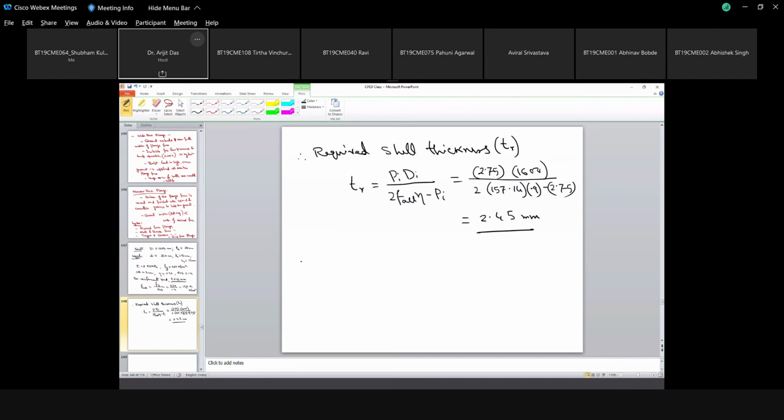Now what is D? D is the inner diameter of the nozzle in corroded condition.